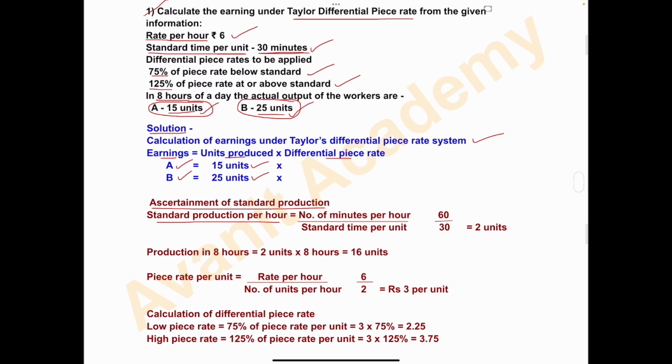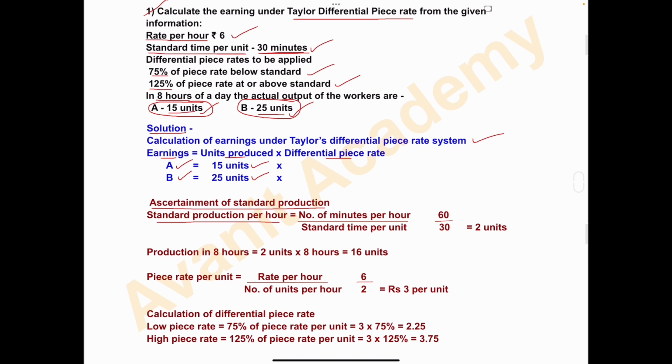So in 1 hour 2 units. Clear? 30 minutes plus 30 minutes is 60 minutes, and 60 minutes is 1 hour. So in 1 hour how many units can be produced? 2 units. That is what I have explained here with the formula.